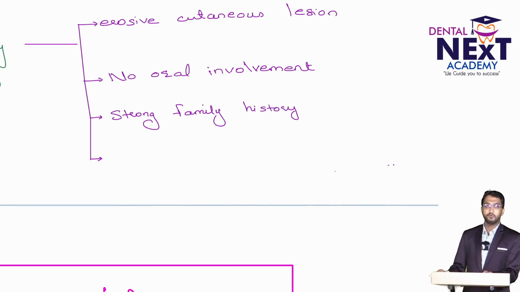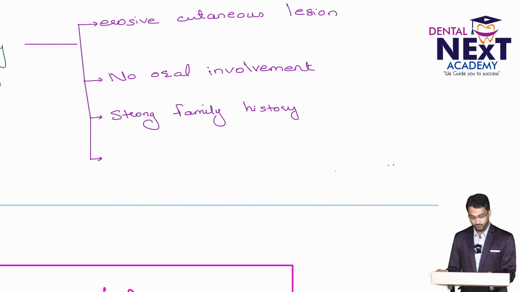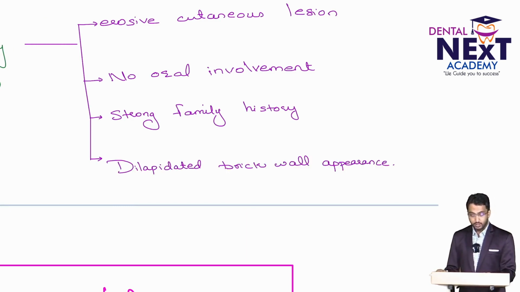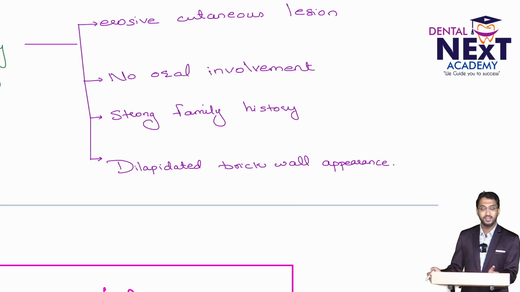They can ask you the type of pemphigus having a strong familial history. What's that? Hailey-Hailey disease, or chronic benign familial pemphigus. They won't ask you chronic benign familial pemphigus, because the question itself is familial. They'll ask you the option, and there will be Hailey-Hailey disease.